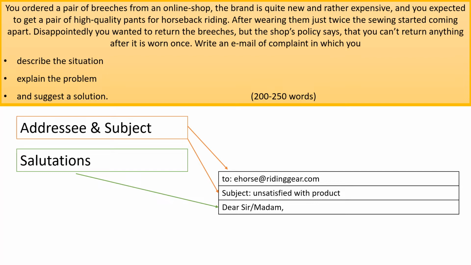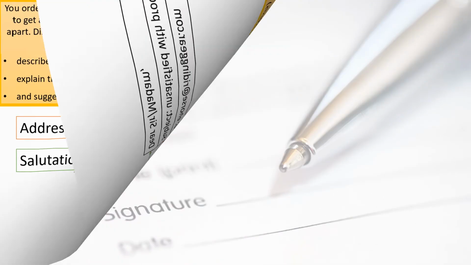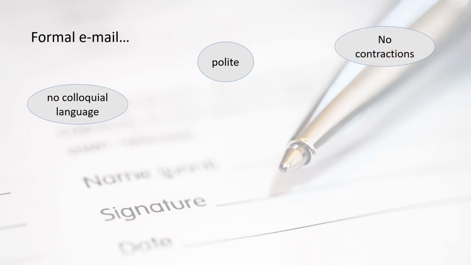Before we get started with writing the main body of the mail, let's quickly talk about the characteristics of formal emails. Of course, they are polite, so don't use any colloquial language and no contractions.